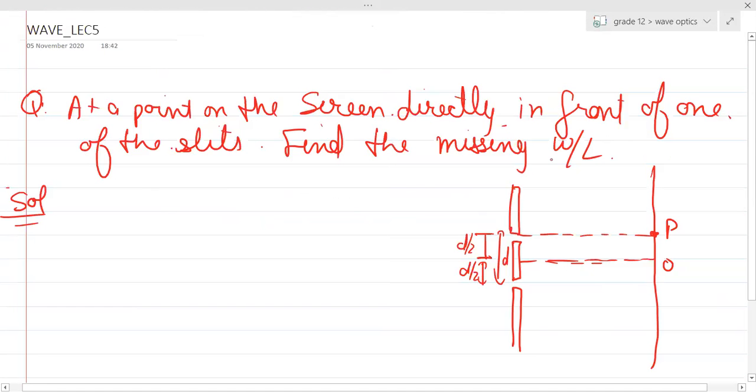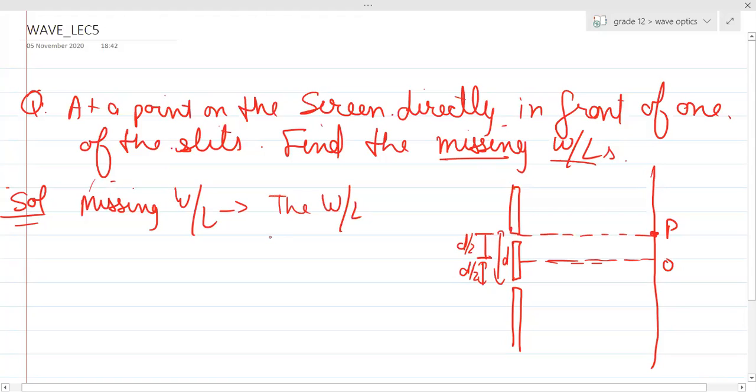Now they wanted to ask, find the missing wavelength. Now what is the missing wavelength? The missing wavelength is basically the wavelength which we cannot see, we can't observe.